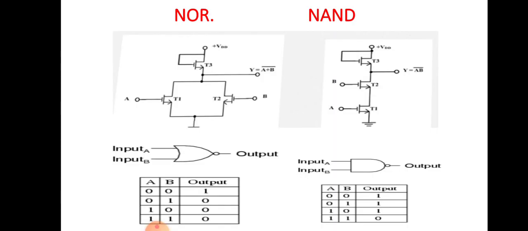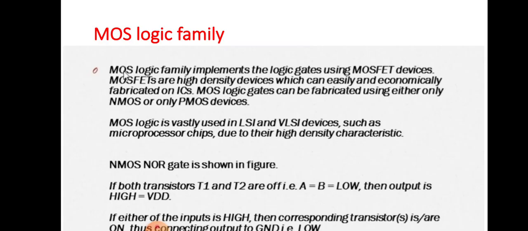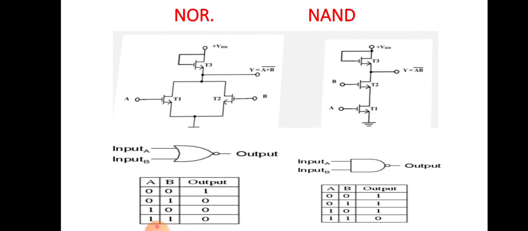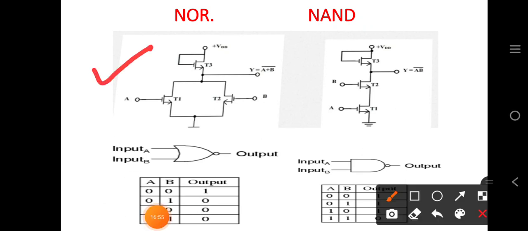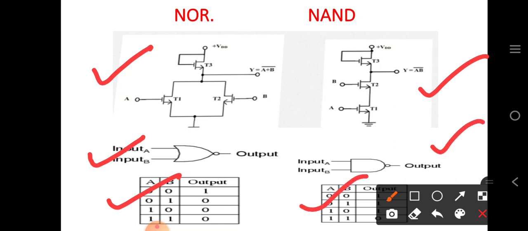In the next slide you can see we can use the MOS logic family for NOR as well as for NAND. Here we have shown the circuit diagram of the NOR, then the symbol of the NOR gate and the truth table. Here is the MOS circuit for the NAND gate, the symbol for the NAND gate and the truth table.